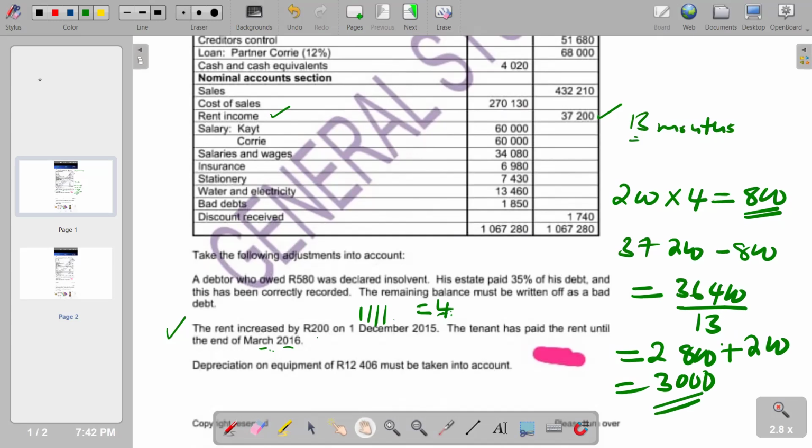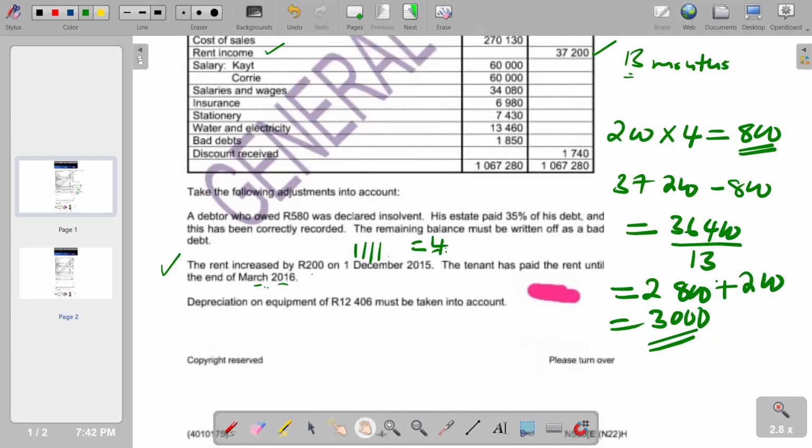So the amount that is supposed to go to the income statement, or statement of comprehensive income, is 37,200. Then we subtract the 3,000 for March, which is not for the current financial period. So 37,200 minus 3,000 gives 34,200.